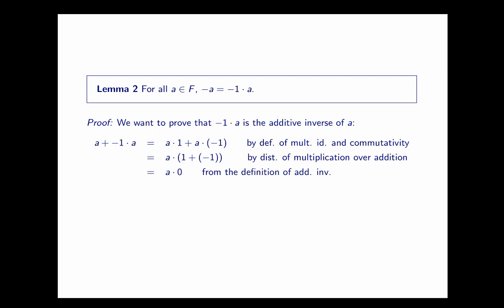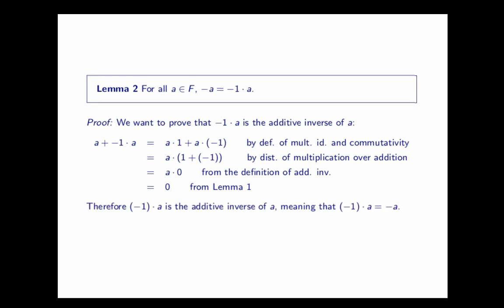Now, 1 plus -1, well, -1 is the additive inverse of 1. So the definition of -1 is the number that when added to 1 is 0. So 1 plus -1 is 0, and I get a times 0. And of course, a times 0 is 0 because, well, we just proved it. That was lemma 1. Therefore, -1 times a is the additive inverse of a, which is to say it's negative a.